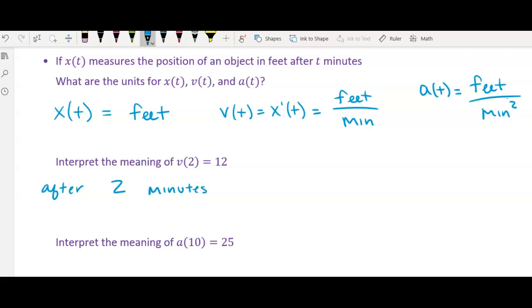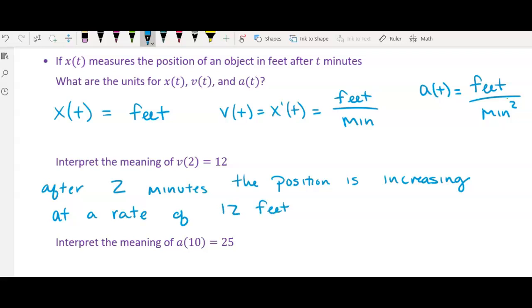So after 2 minutes, the position is increasing because velocity is positive. The position is increasing at a rate of 12, and the units for velocity are feet per minute.